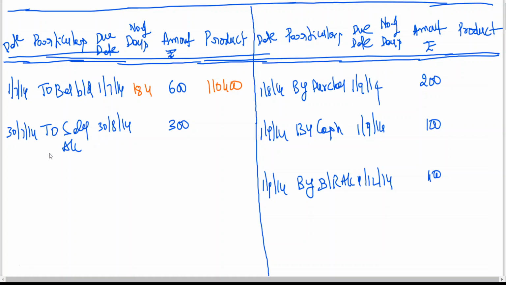Next, calculate the number of days from 30th August, which means August has 1 day. August 1 day, September 30, October 31, November 30, December 31. It is coming to 123 days. 123 days into 300 is 36,900.